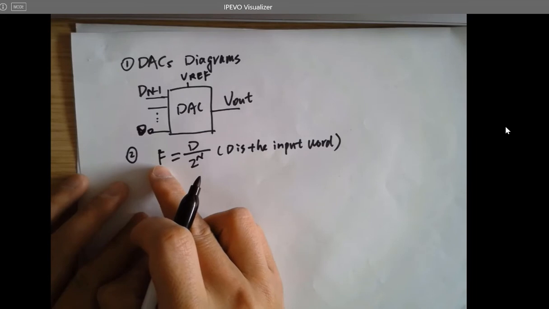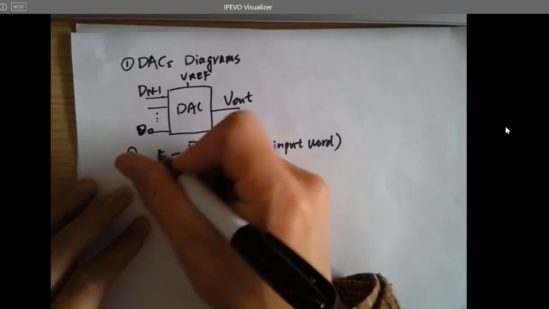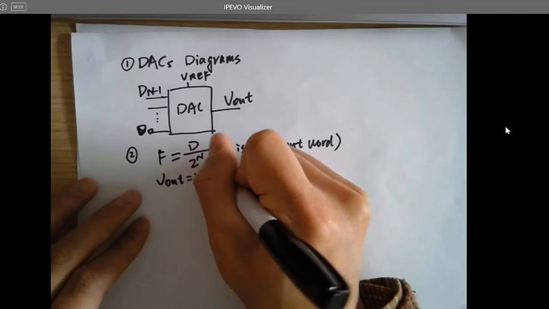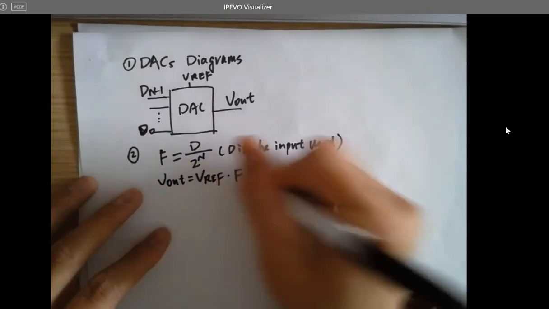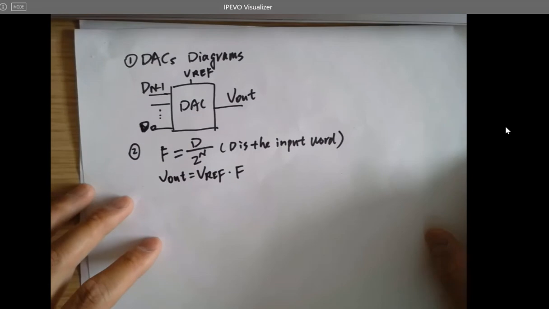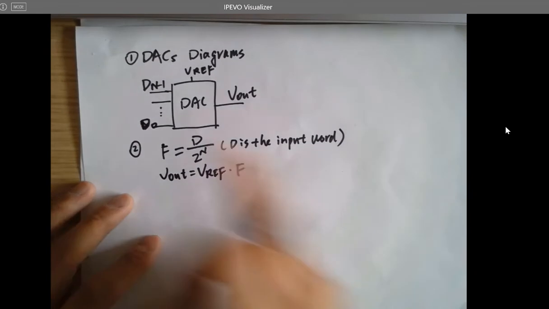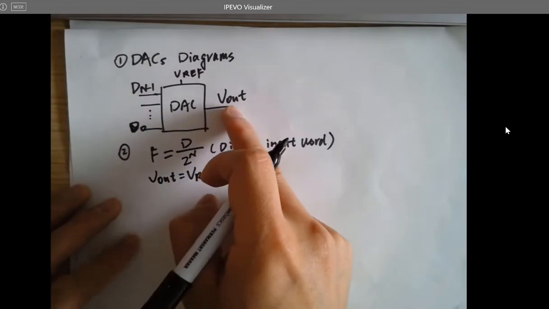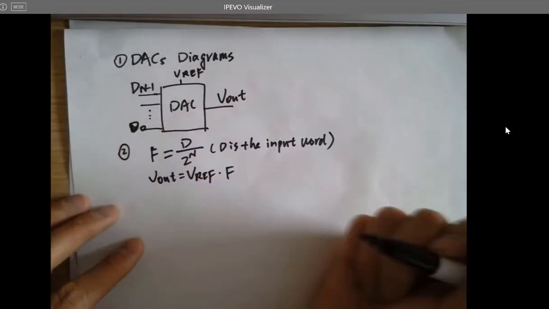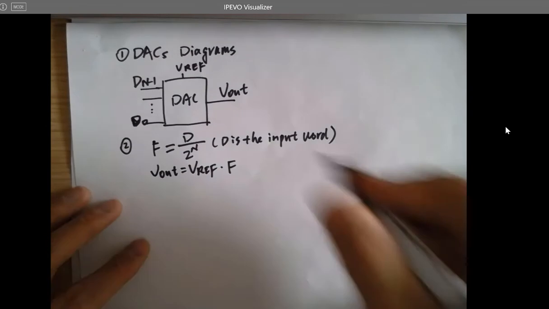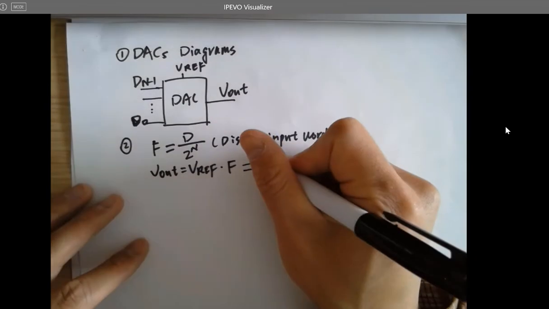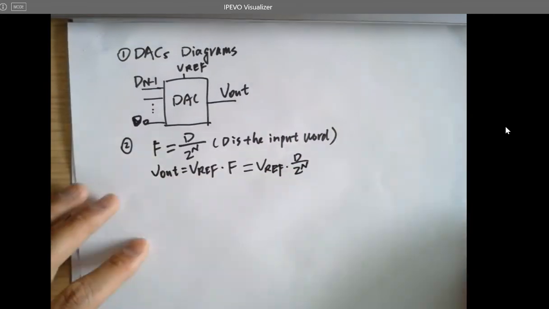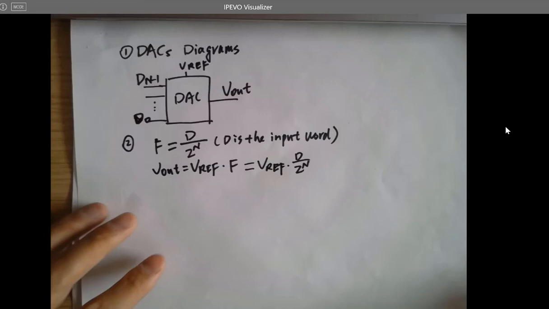And Vout actually equals VREF, which is the full scale voltage, times F. So if there is a digital signal given, can you find out the analog output? Which will be VREF times D over 2 to the nth. Pretty simple.